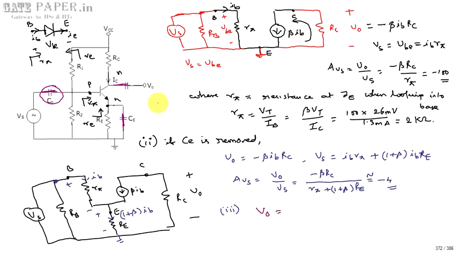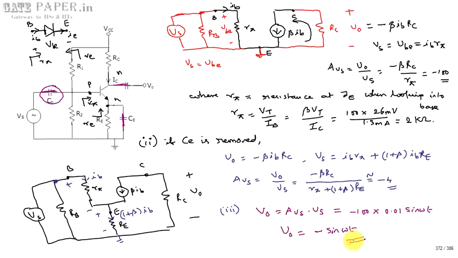By that time you get AV equal to minus 100, and Vs is given as 0.01 sin omega t. So V naught is AVS times Vs, that is minus 100 into 0.01 sin omega t, which is minus 1 sin omega t.